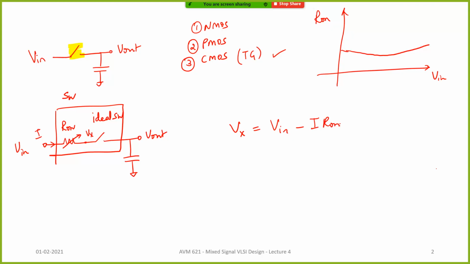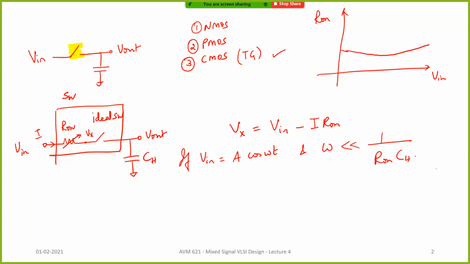Let's say Vin is some A cos omega t, and omega is much smaller than 1 by R on into C h.